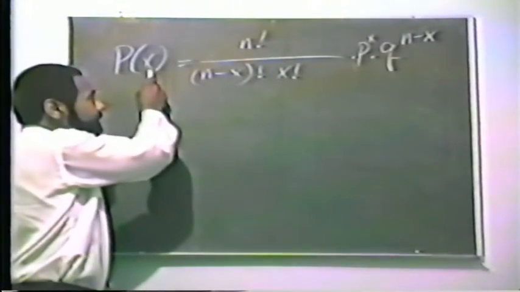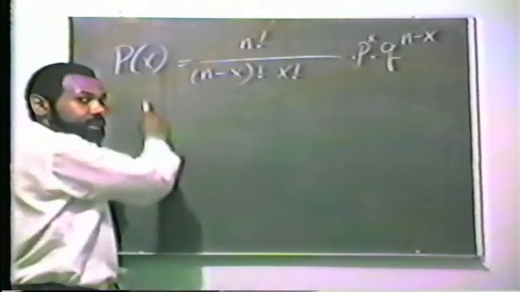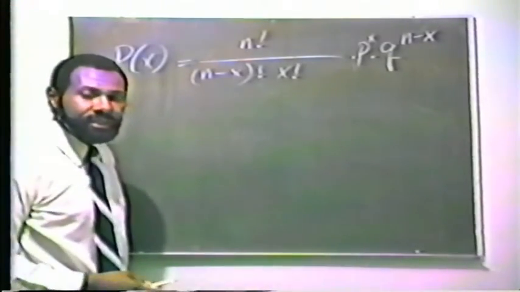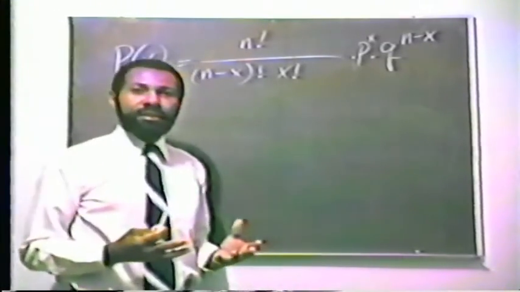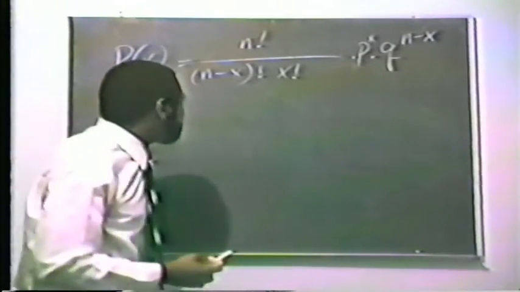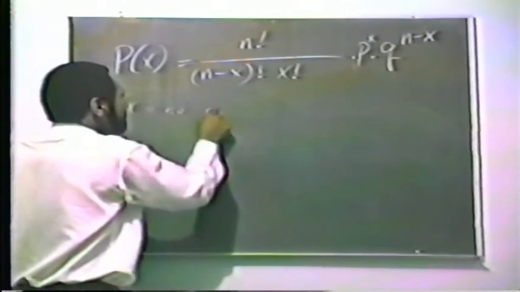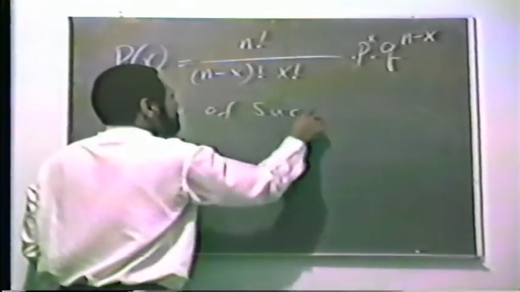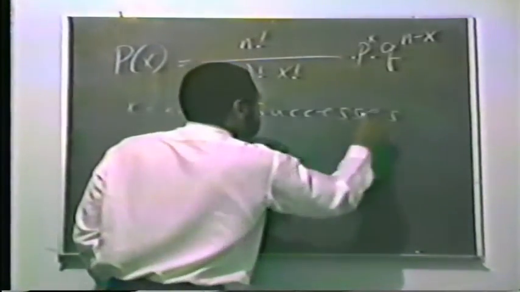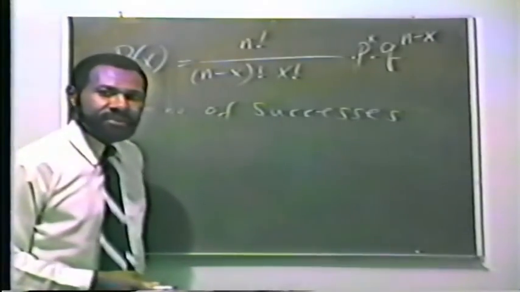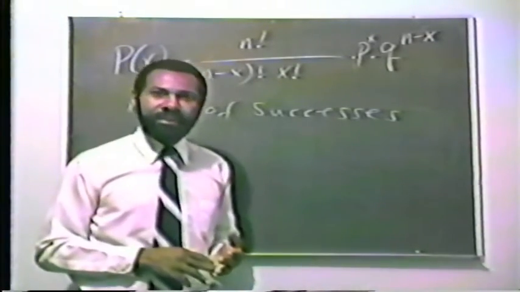Probability of X, and we're talking about X successes in N trials. So X here represents the number of successes that we're trying to find the probability of.